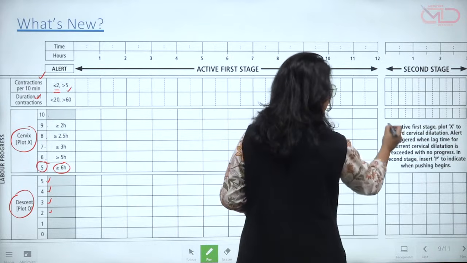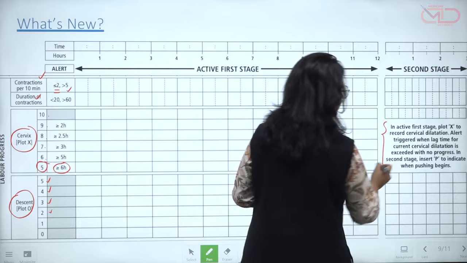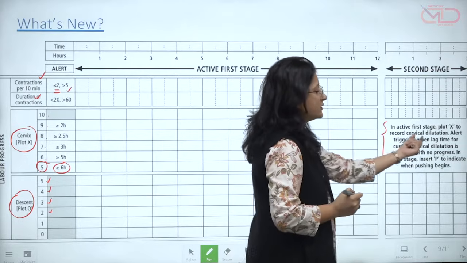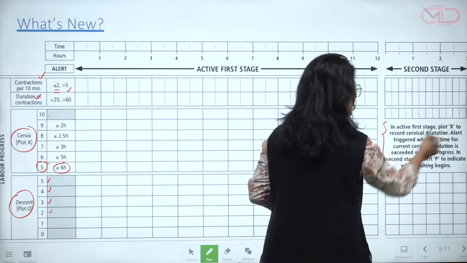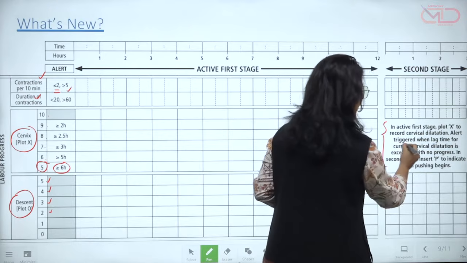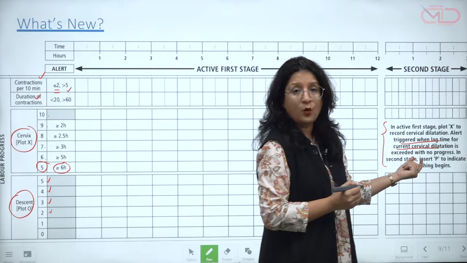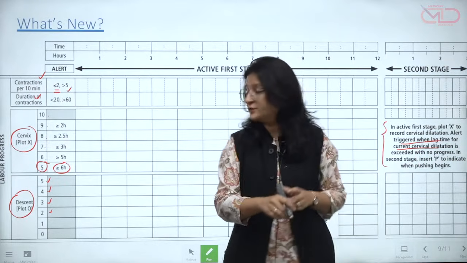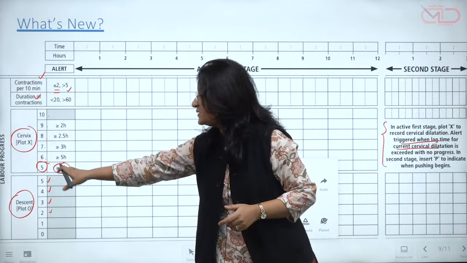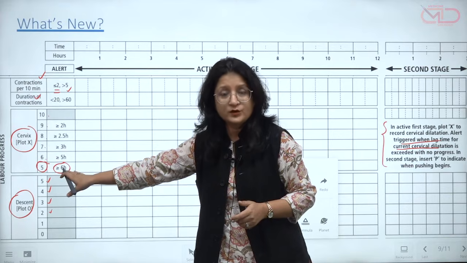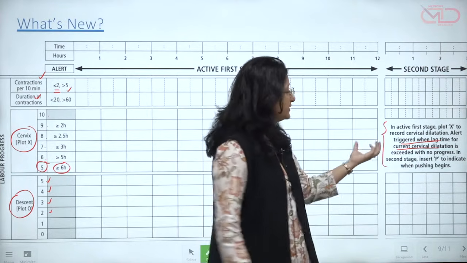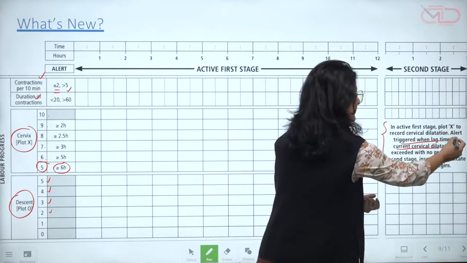So you see here in the active phase, it is written here that you plot an X to record the cervical dilatation, and the alert is triggered when the lag time for current cervical dilatation is exceeded with no progress. Like for example, if a woman has been at 5 centimeter for a duration of more than or equal to 6 hours, that would be the threshold for triggering the alert.